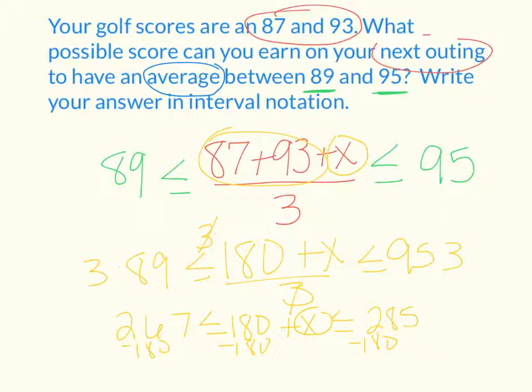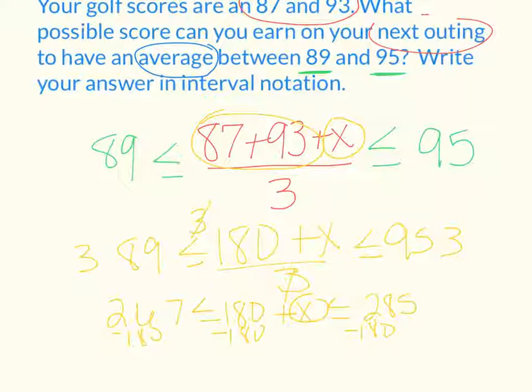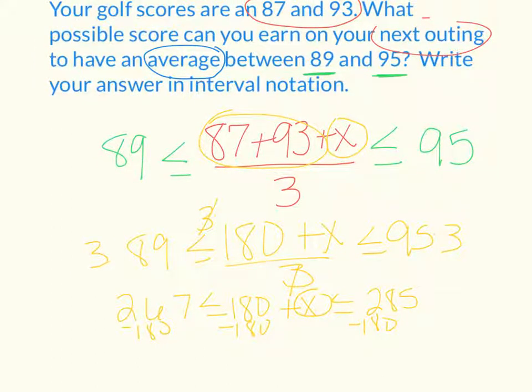I'm running out of room. So this gives me 87 is less than or equal to x, which is less than or equal to 105. So your golf score needs to be between 87 and 105. We'll do more of those. I know that's a tough one, but we will do more of those in class.